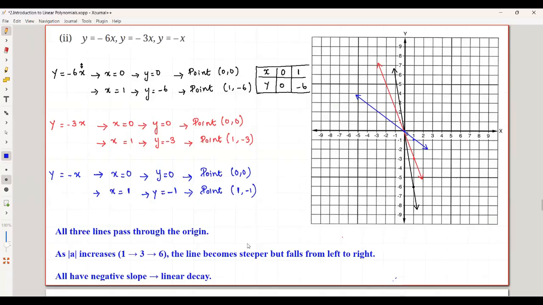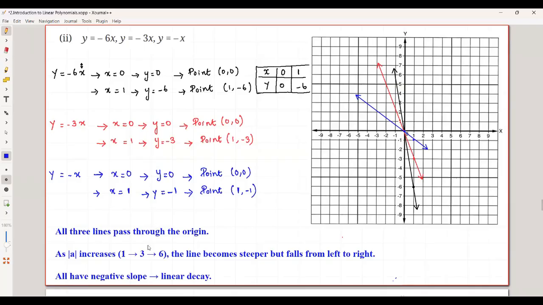Steeper means sudden fall or decrease. But here it is mentioned as minus, so it's falling from left to right, coming down. So all have the negative slope, therefore it's a linear decay. It's representing negative slope, that means A is less than 0. Therefore, it's a linear decay.